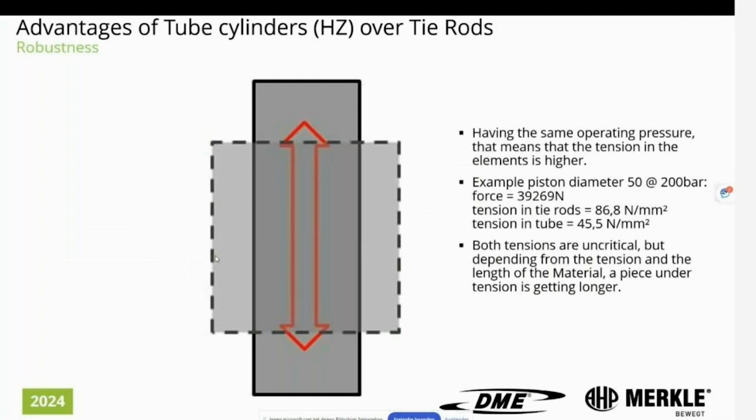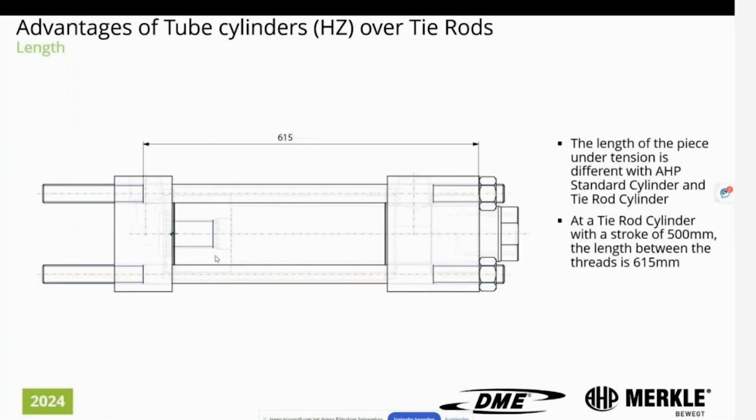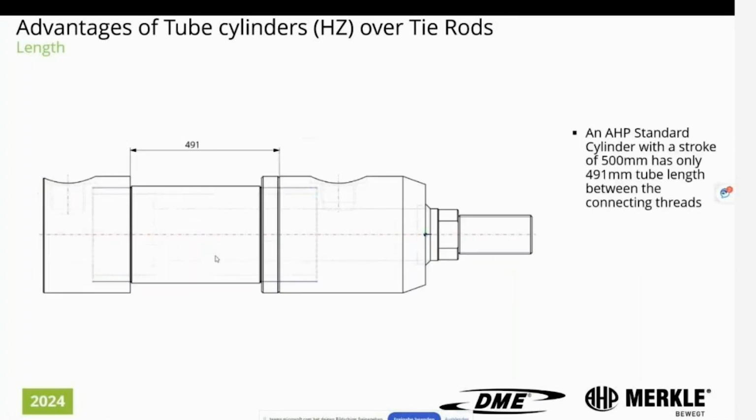So what happens, the tie rods get longer, and that's why we have then also leakages, because the threads tend to get longer and they are not closing the tie rod, on this case the tube, together.